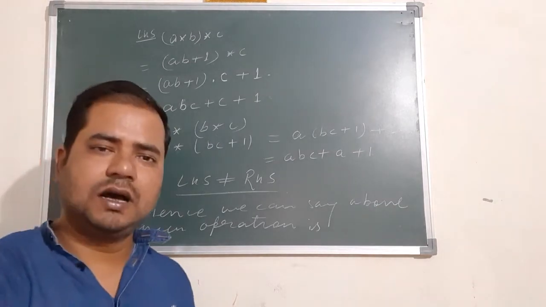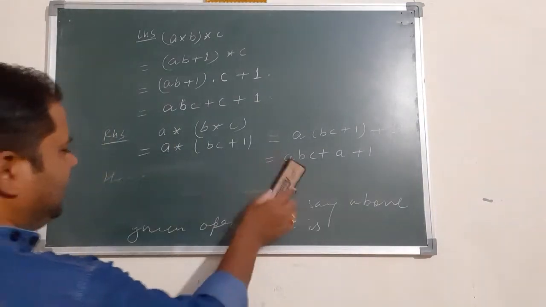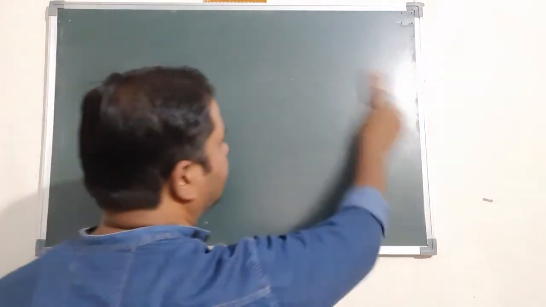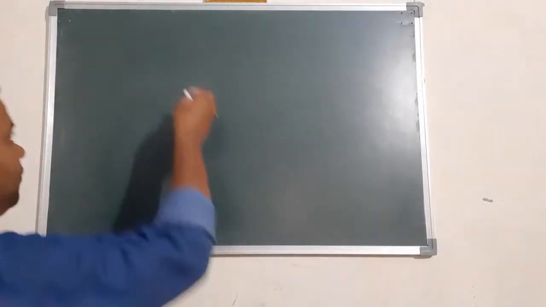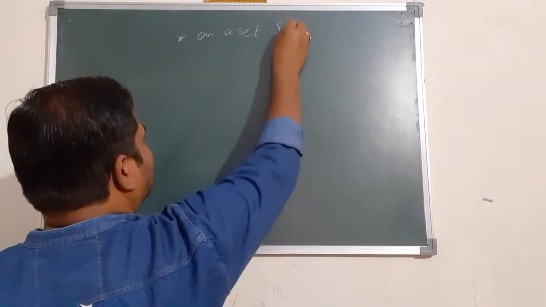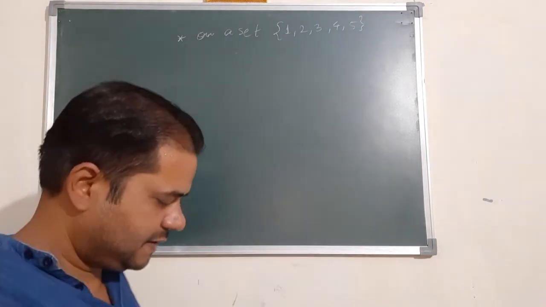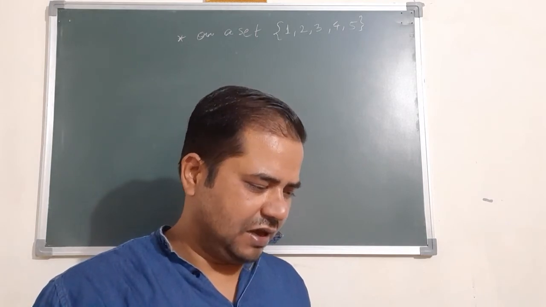Similarly you can see the other questions, and now I am going to explain question number 4. Please be careful. See in your book question number 4 from the exercise. Consider a binary operation star on a set containing 1, 2, 3, 4, 5, five elements, given by the following multiplication table 1.2.